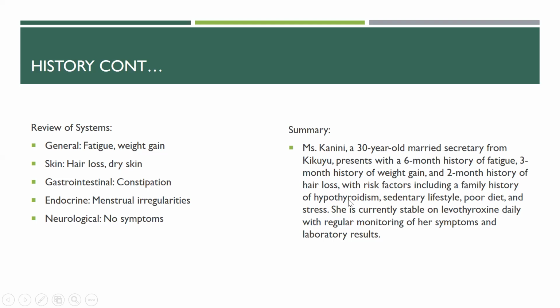And then you also mention how they are currently doing. Currently stable on levothyroxine daily with regular monitoring. So the summary should have your biodata and your presenting complaint, as well as important negatives and positives, and then the current progression. Yeah, all that in two statements.